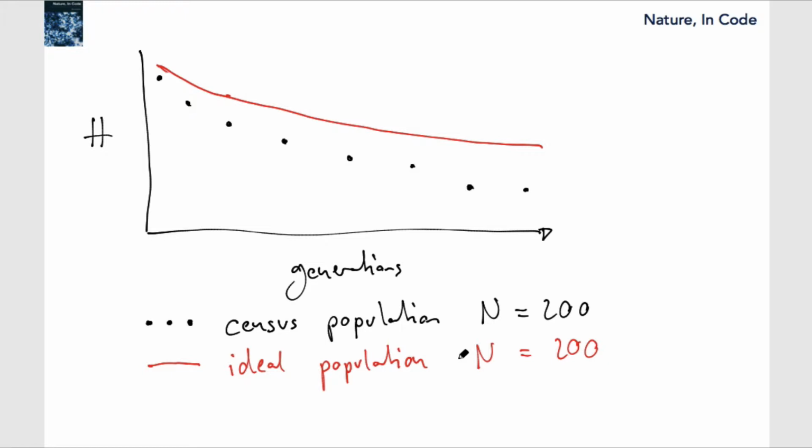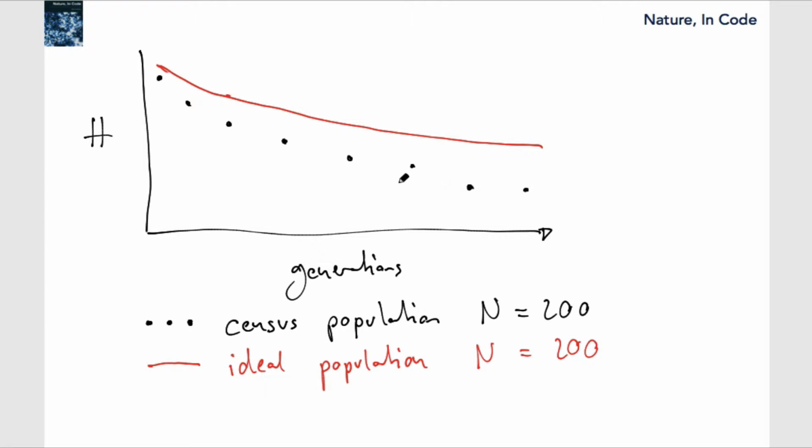We assume this almost gas-like population, but the only difference is that now we have a finite population size. However, it's still very idealized, and that's why we call it an ideal population. If you plug in this value here, you would get a decay that is actually much slower than the one that you actually observe.